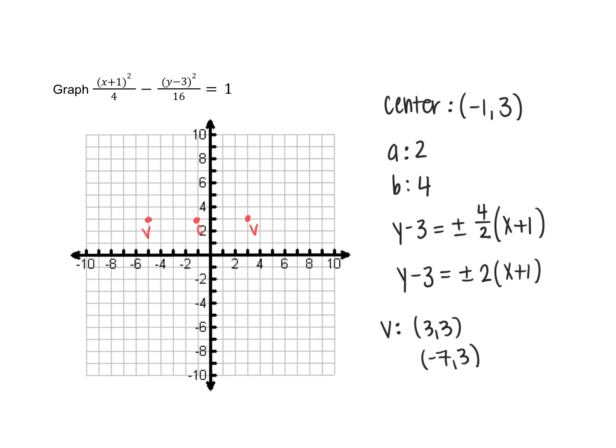And now I need to do my asymptotes. So starting from my center, (-1, 3), I'm going to apply a slope of +2. So there's one asymptote, and a slope of -2.